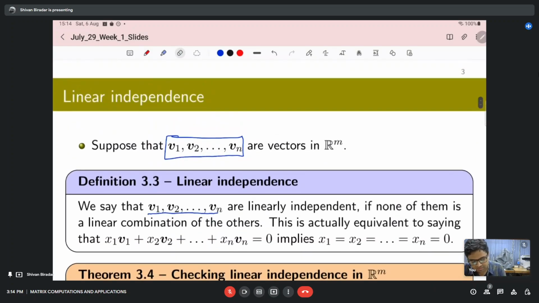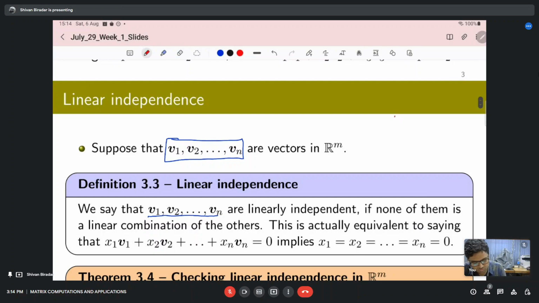So we studied this for 2 dimensions. If we extend this notion to 3 dimensions, we'll get the same thing. So if I have three vectors V1, V2, and V3 in R3, we'll get the linear combination of these three vectors. If there exist alpha 1, alpha 2, alpha 3, which are not equal to 0 and satisfy this equation, then V1, V2, V3 are linearly dependent.